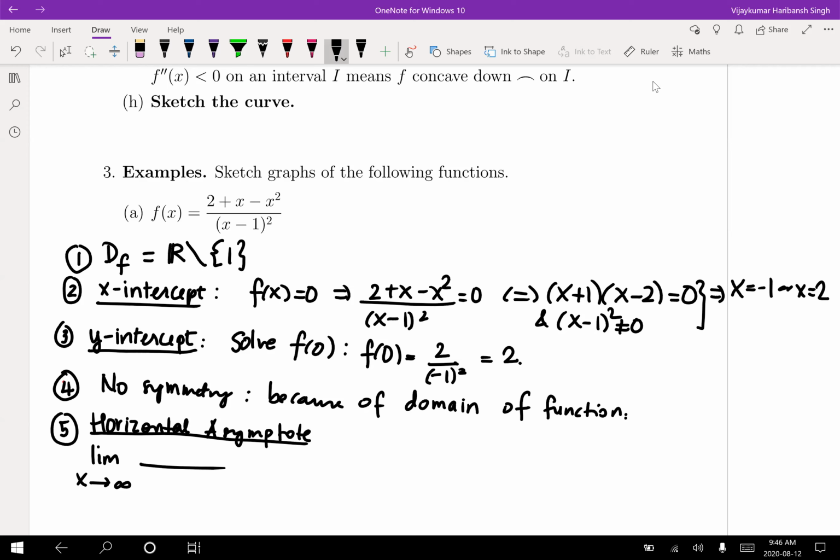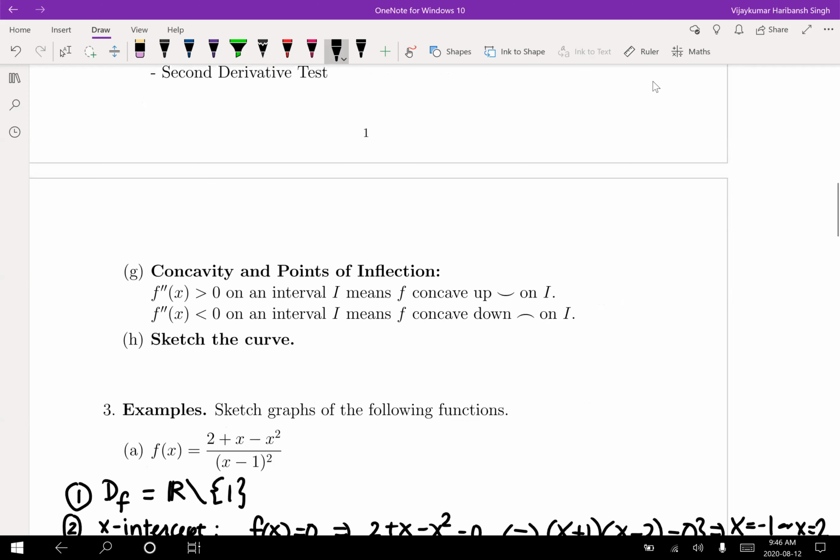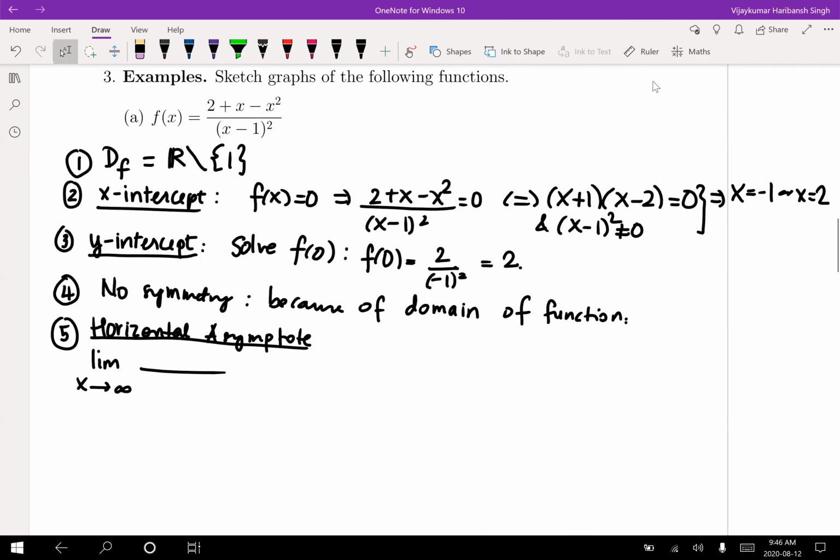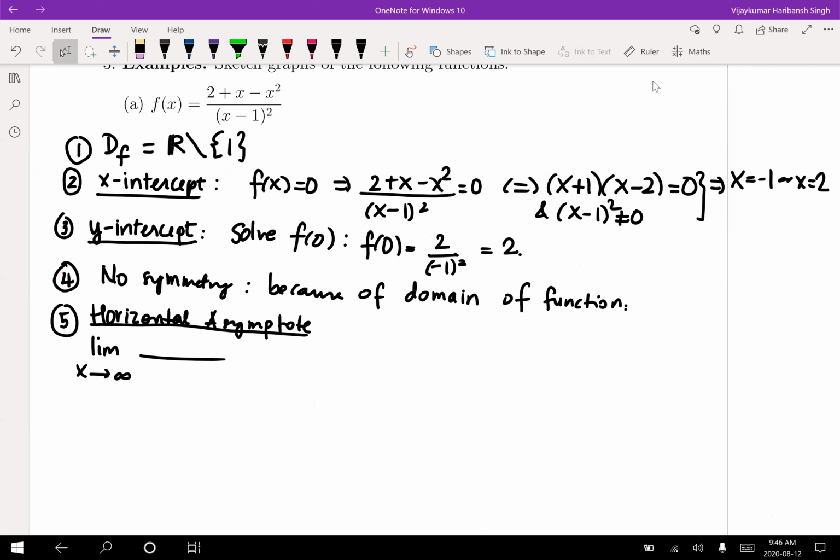Which is what? The limit as x goes to infinity of 2 plus x minus x squared divided by (x minus 1) squared. And when you divide both top and bottom by x squared, you will see that that is -1.